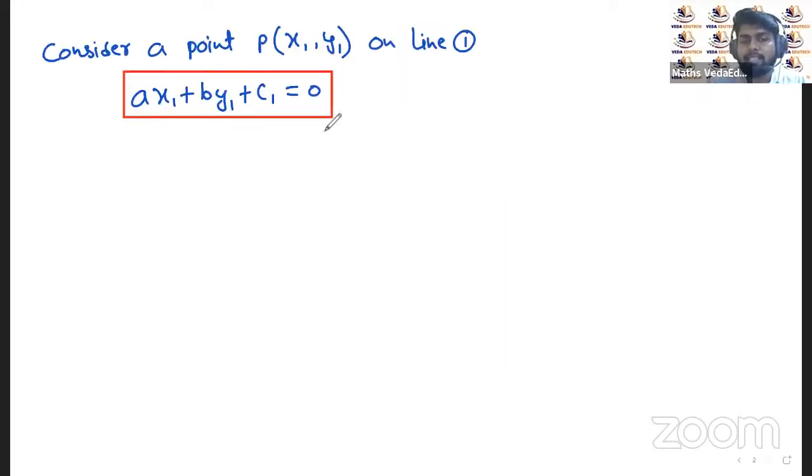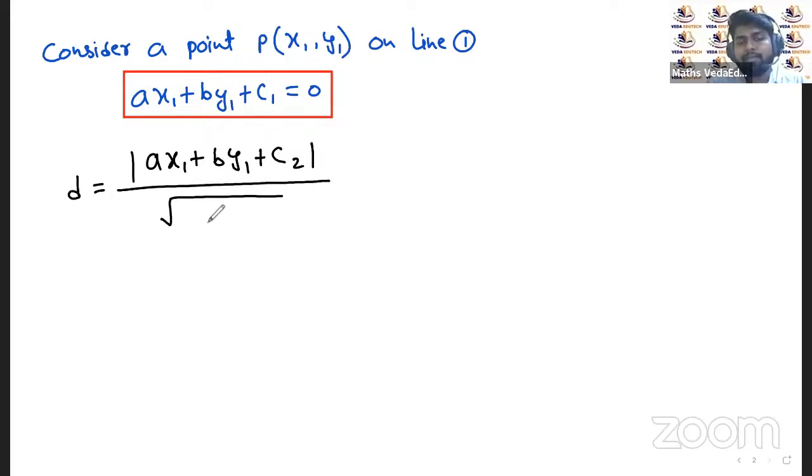So here d is modulus of ax1 plus by1 plus c2, the second line's constant, this whole thing divided by square root of a square plus b square.